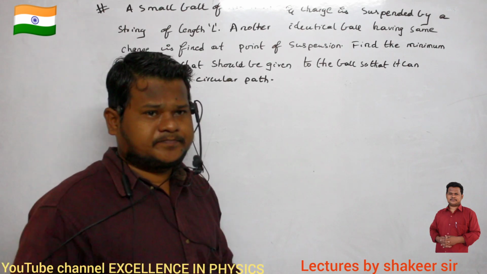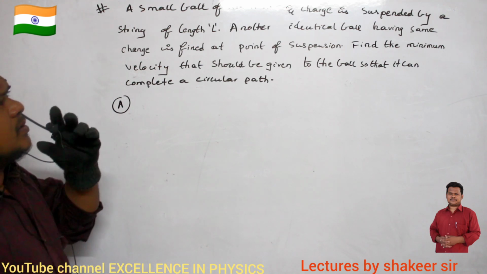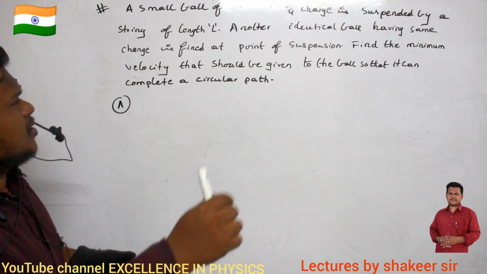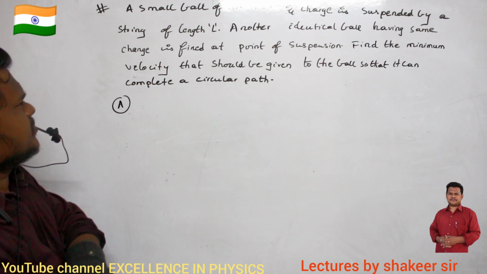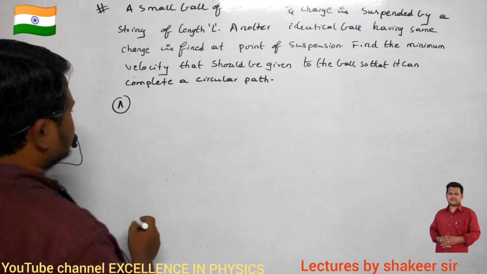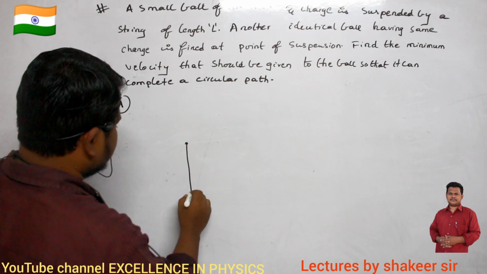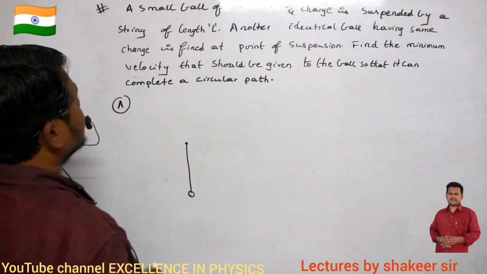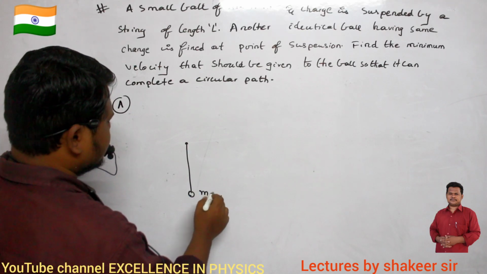Any idea how we can do this problem? A small ball of mass m and charge q is suspended by a string of length L. Clear? This is the point of suspension. From here, a small ball of mass m and charge q is suspended.